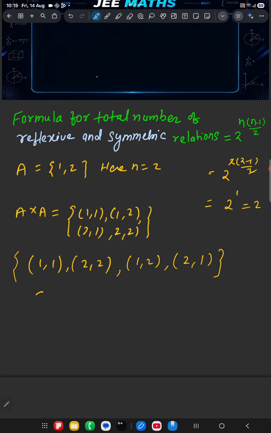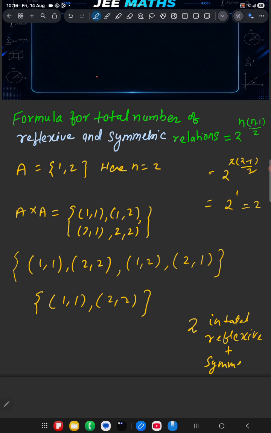Another possibility is (1,1) and (2,2) only, because reversing (1,1) gives (1,1), and reversing (2,2) gives (2,2). So this relation is both reflexive as well as symmetric, and the first relation is also both reflexive and symmetric. So there are 2 in total, reflexive plus symmetric. So you can see that the formula is also saying the same thing.